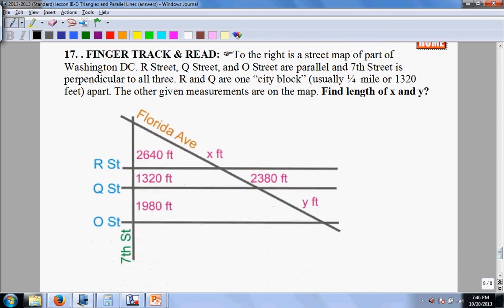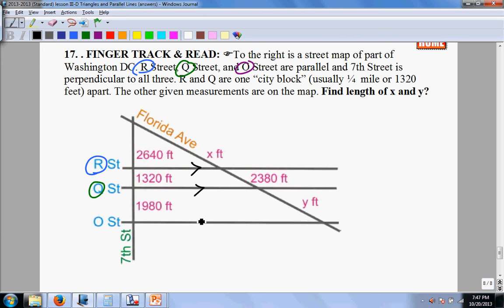It says, to the right, technically below, is a street map of part of Washington, D.C. We have R Street, we have Q Street, and we have O Street, and they are parallel.